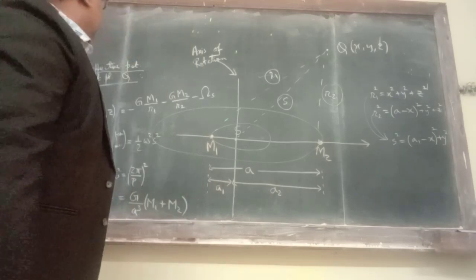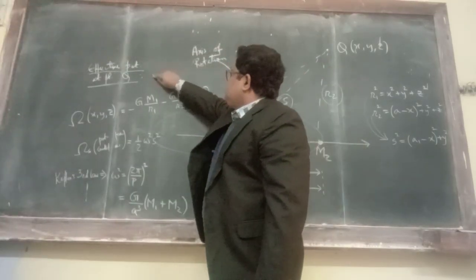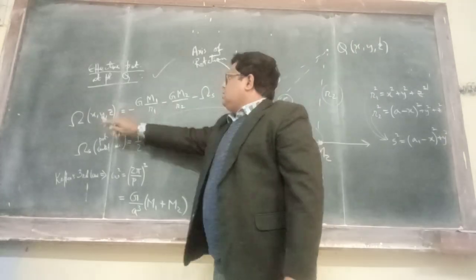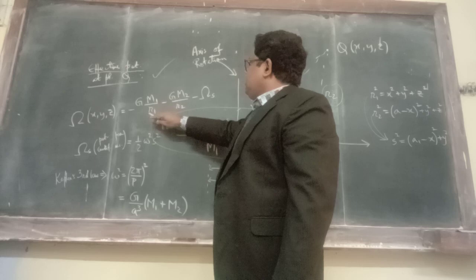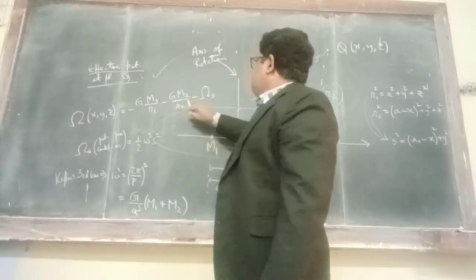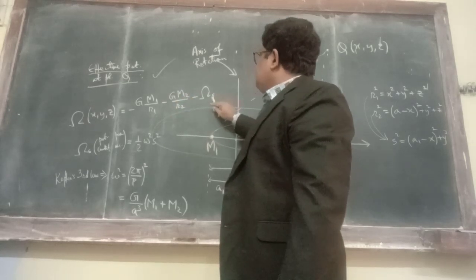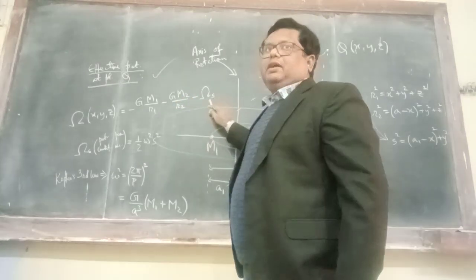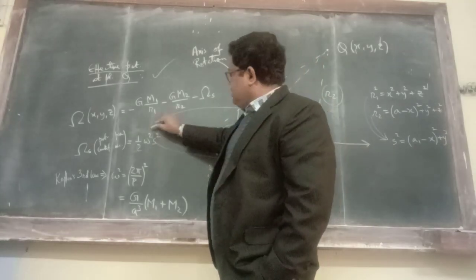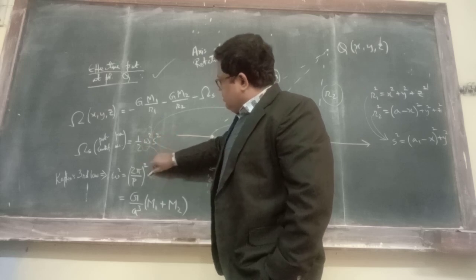Now these are the relations for R1, R2 and S. You can check over here the effective potential at this point Q. This is the overall effective potential: the individual gravitational potential energies due to the two masses, and this is the potential for the centrifugal acceleration, half omega squared s squared. Remember that this omega squared is given by Kepler's third law.